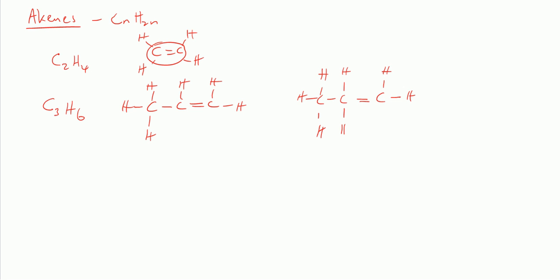And they might want to do this, but this is wrong. Why is it wrong? Because you have 1, 2, 3, 4, 5 bonds around carbon, which is incorrect, right? So you need to be very careful when you are drawing alkenes, right?